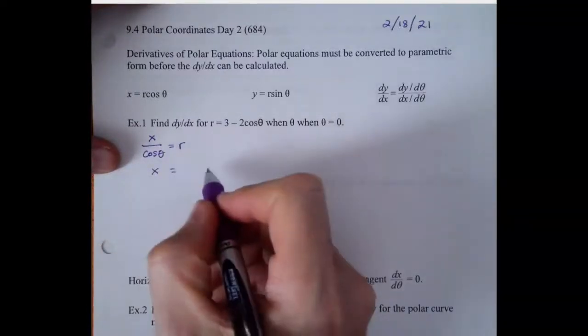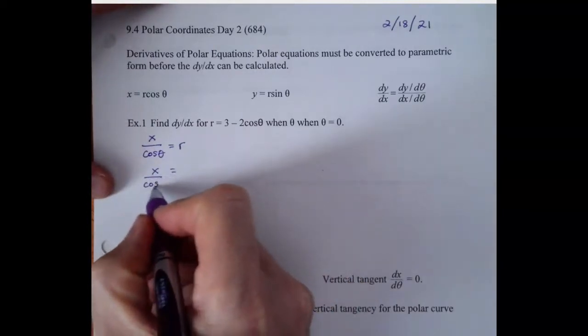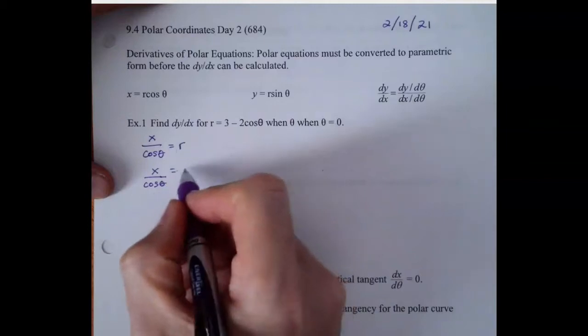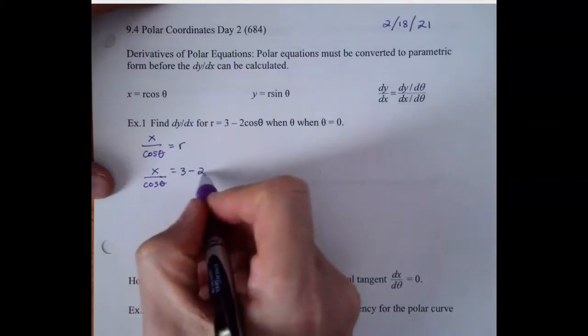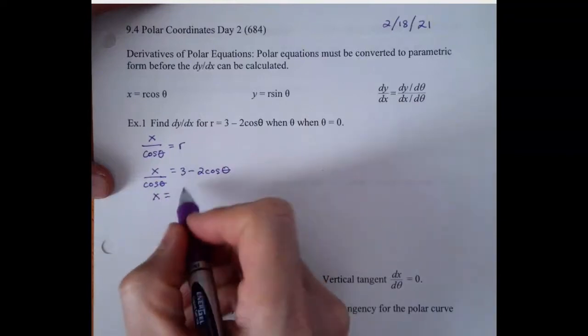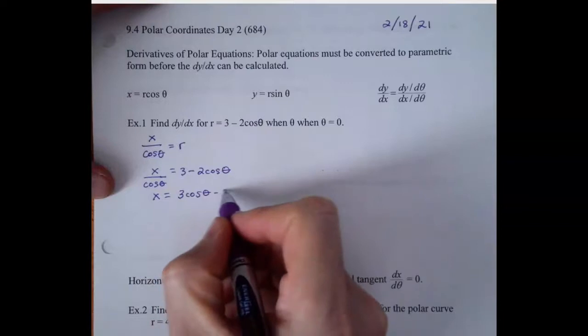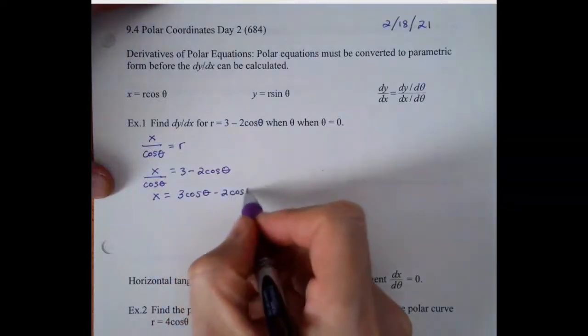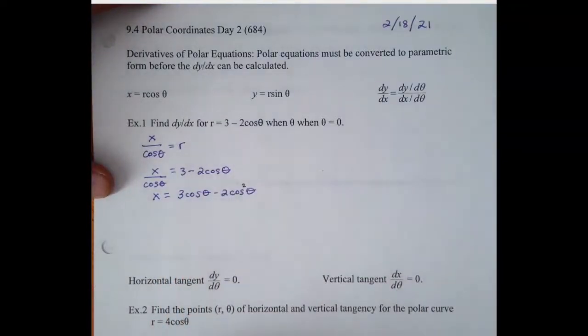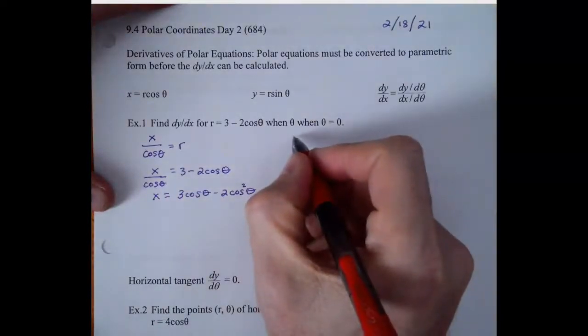So we would have that, and I was thinking about skipping a step there, but if we replace that, and then we can multiply both sides by cosine. So it's going to be like that. And so now we have x.